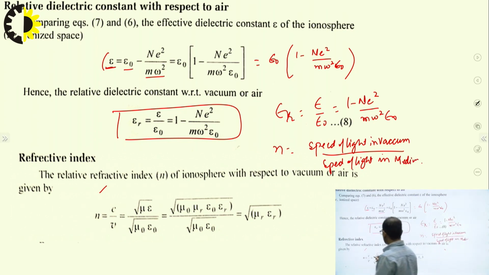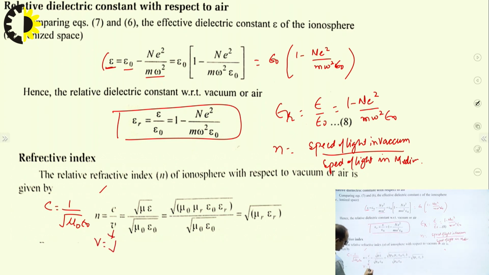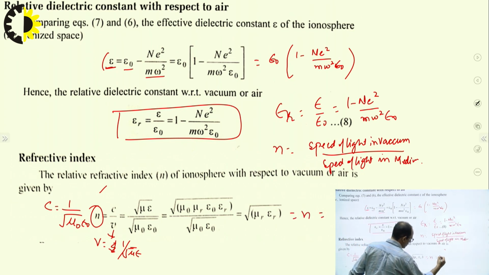So n equal to c by v, and this c is equal to 1 upon under root of mu naught epsilon naught, and this v is equal to 1 upon under root of mu into epsilon. So just put these values here, you will get the refractive index is equal to under root of epsilon r into mu r.